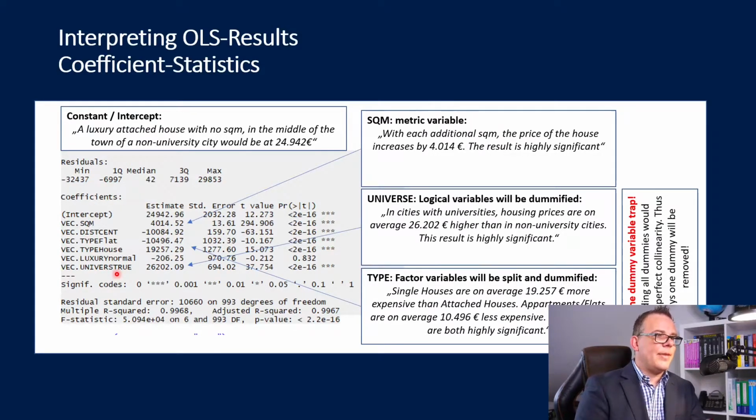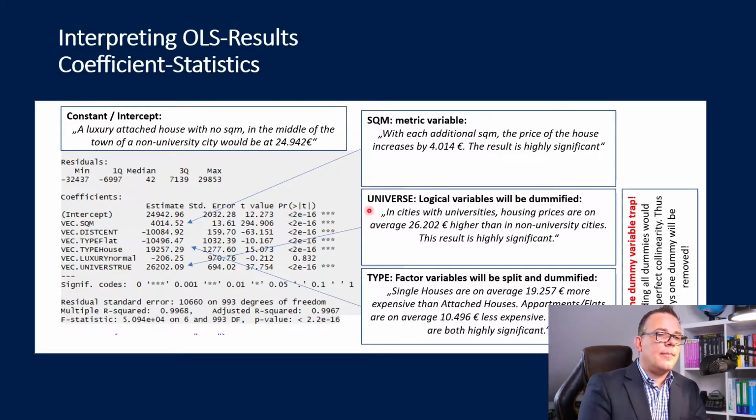That means that the computer has now given the vector universe a 1 if the element of the vector was true, and a 0 if it was false. So all houses in a university town have a 1, and all houses in a non-university town have a 0. And with this 1 and 0 vector, the computer estimated the OLS model.